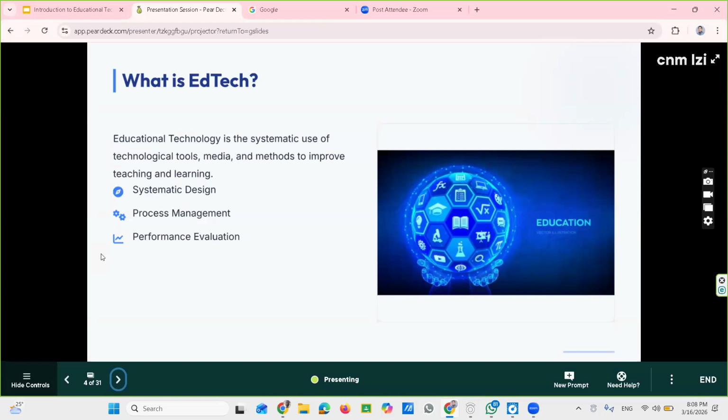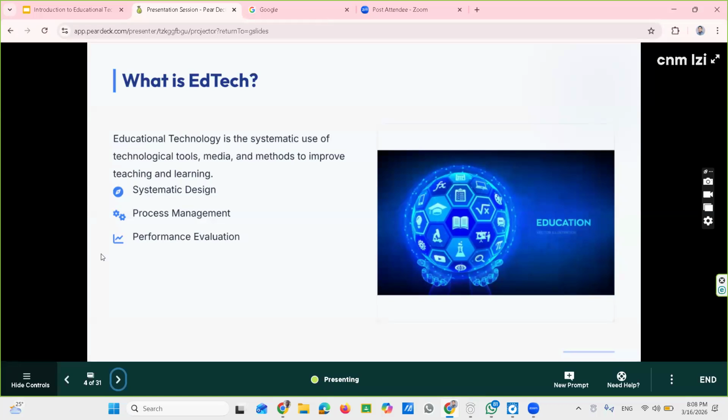Right? Process management is there. It involves technological tools and media, then methods, to improve teaching and learning. These technological tools and media support you to improve your teaching and learning. That is educational technology.